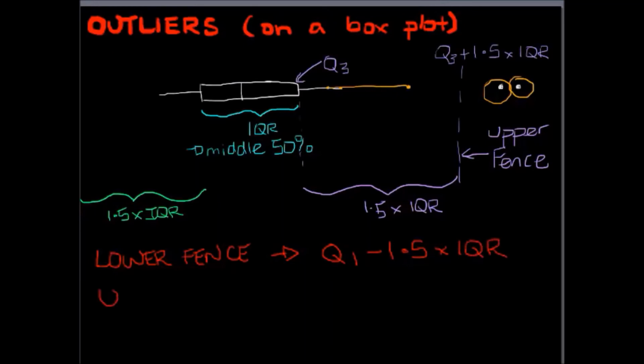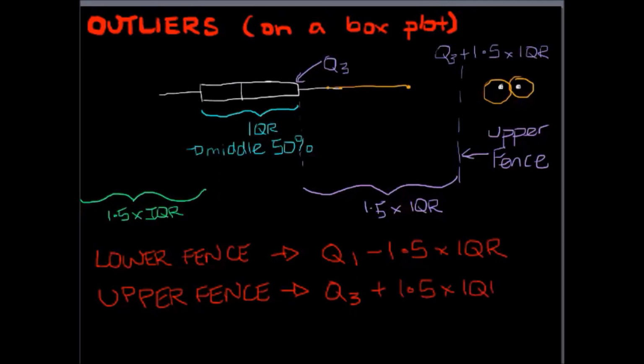Okay, the upper fence, we go to Q3 and we add the 1.5 times the IQR. And anything below the lower fence is an outlier, and anything above the upper fence is also an outlier. And we show them by those dots that are appearing on our box plot.